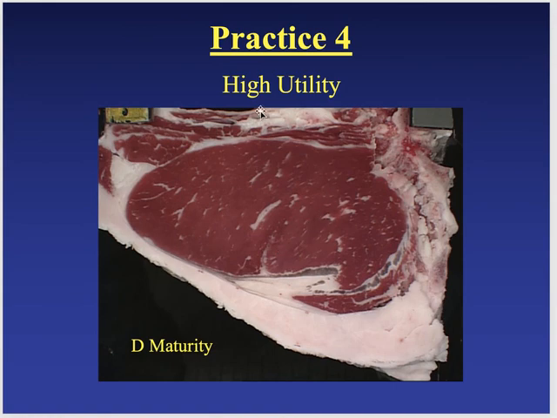Now what puts it into the high utility is our maturity score. Even though if this was A maturity carcass, this would be probably a low choice ribeye. Because of its maturity, we're actually going to knock it down a notch to a lower quality grade beef product.